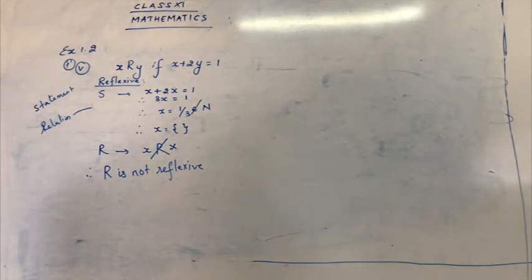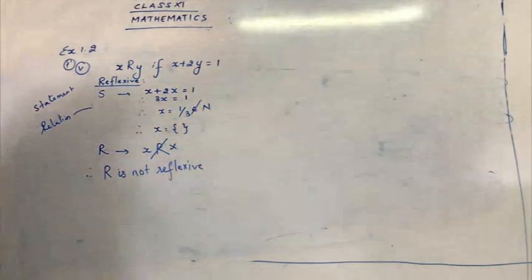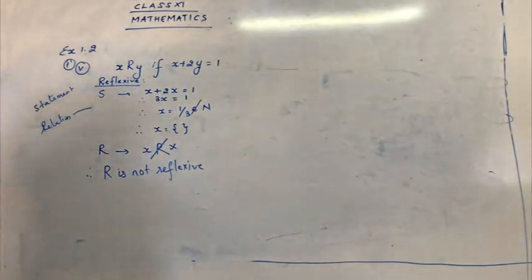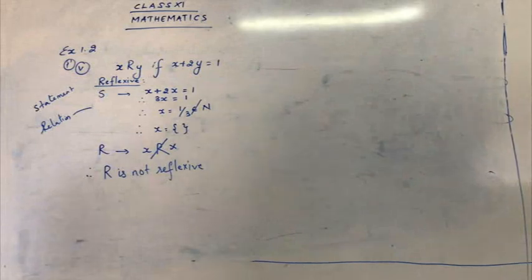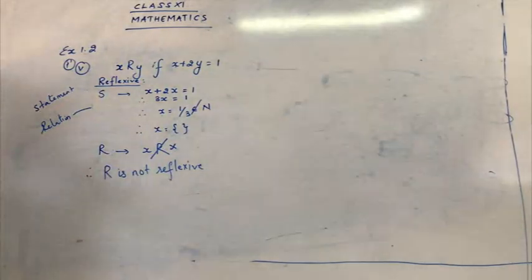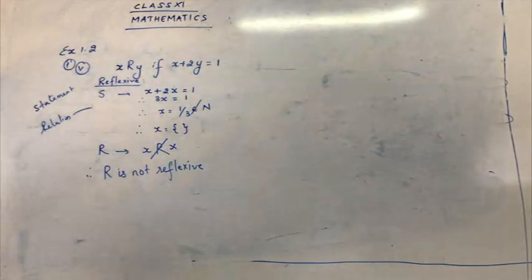Now coming to the next point. An empty relation can be considered as symmetric and transitive. This particular point we are going to follow in our sum. So what was the statement?